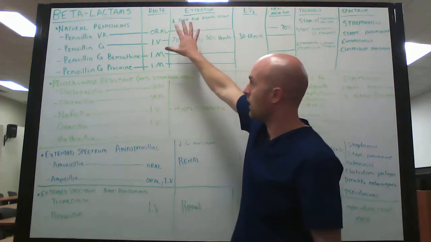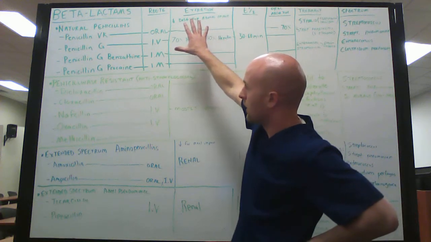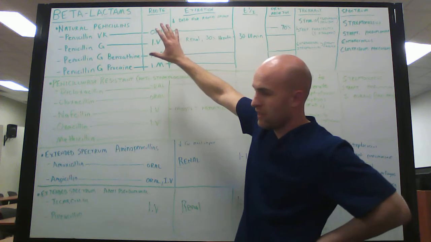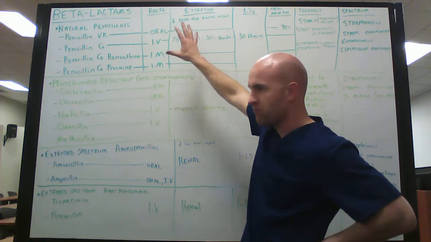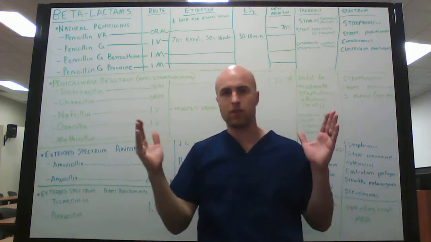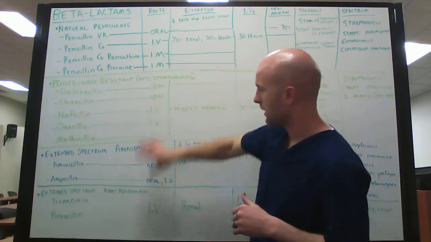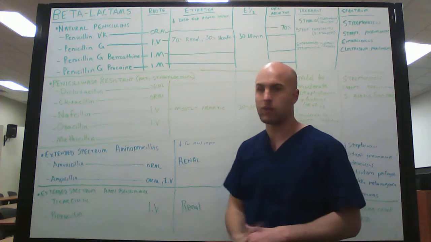So the ones at the top have the most narrow spectrum, and the one down here at the bottom has the broadest spectrum.